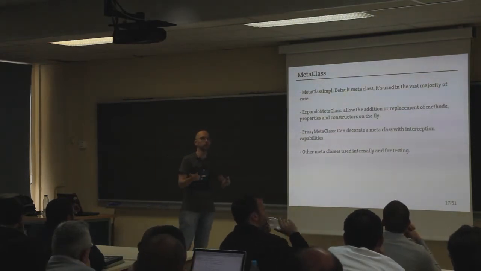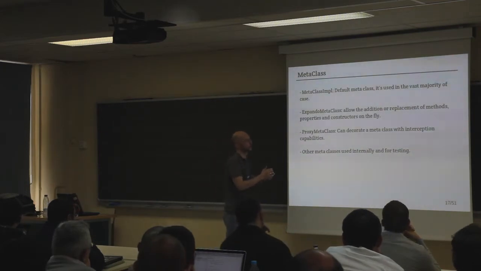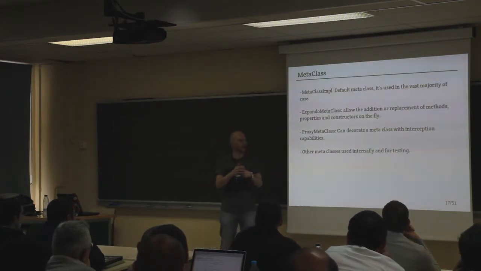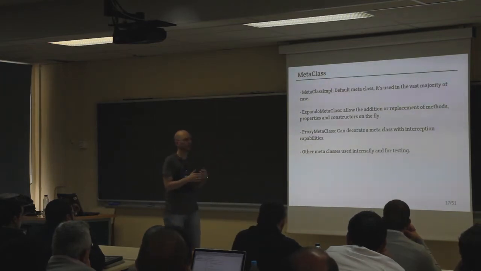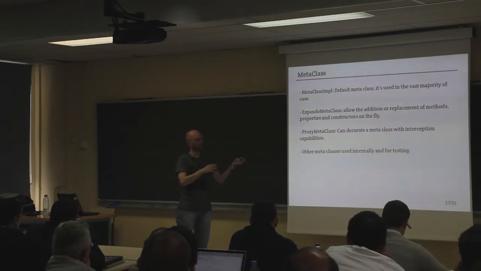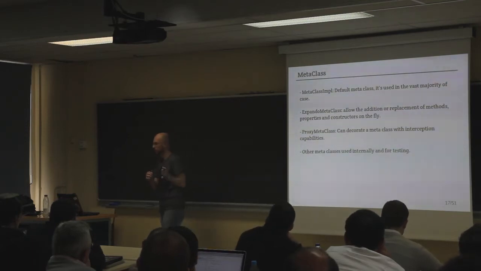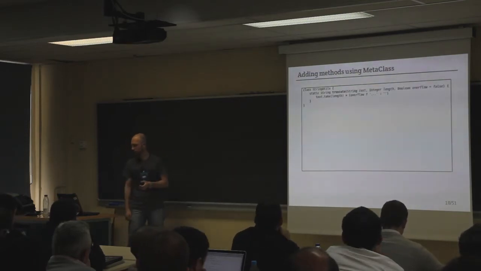Groovy also provides a ProxyMetaClass that we can use to decorate a class to intercept, and there are a lot of other metaclass implementations that are used internally by Groovy or are for testing the framework or the language.